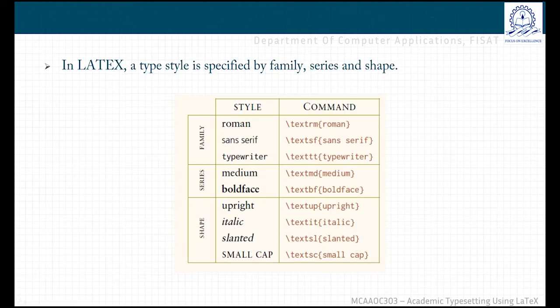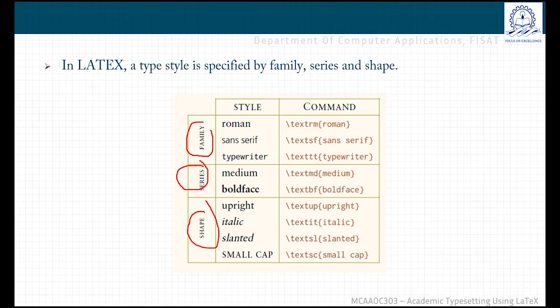In LaTeX, a type style is specified by family, series, and shape. These are the three characteristics to generate a typical font. So we can say any type style in the output is a combination of these three. In the case of font family, we can see three important styles.